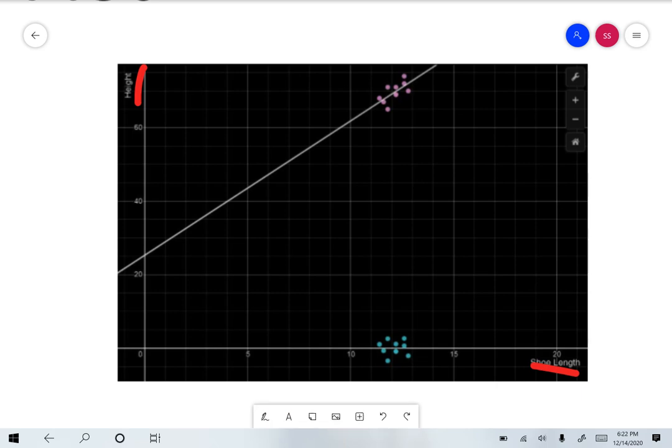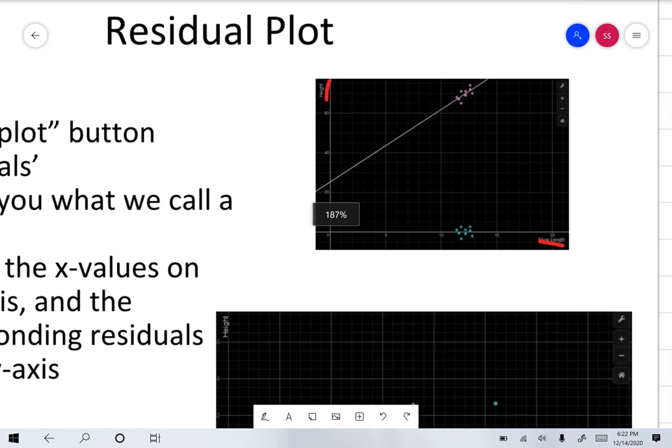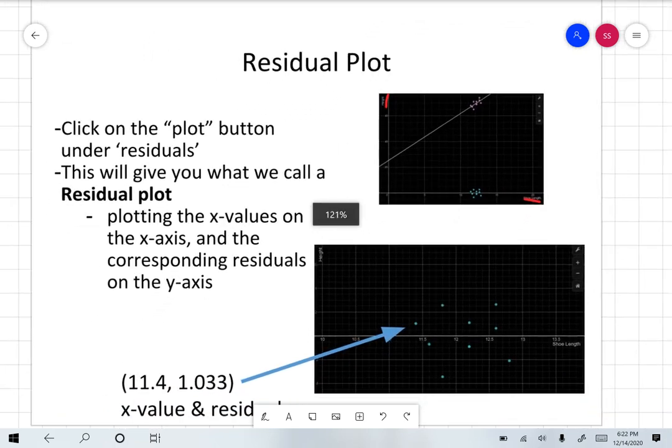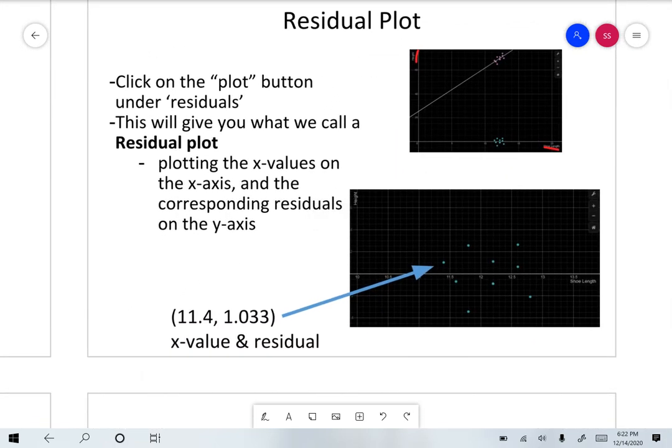Now, we're going to be talking today about those scatter plots, but also a plot that goes with it called the residual plot. Now, if you remember from the last 2 lessons, we've talked about residuals. Residuals are essentially the prediction error.